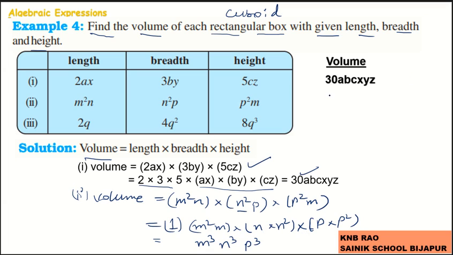So whether you write 1 or not, you can right away write m cube, n cube and p cube. This becomes the volume.